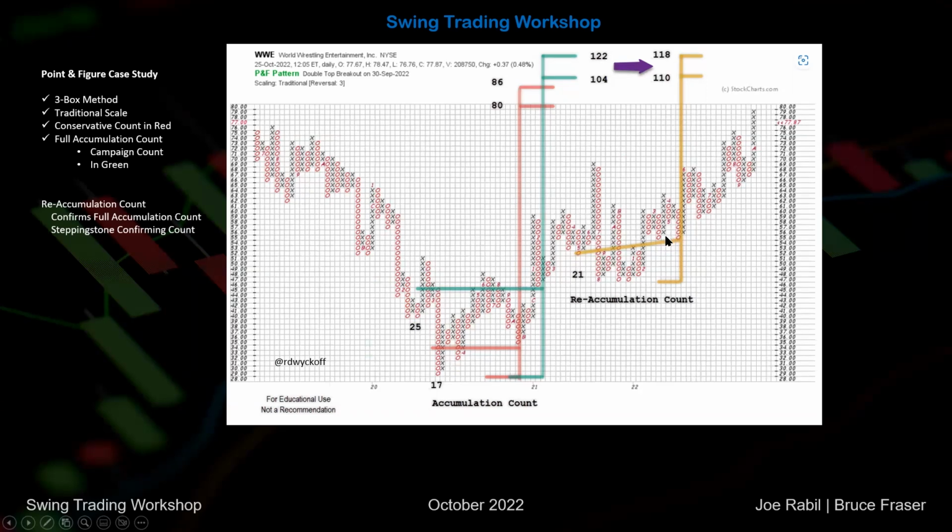Again, same idea, 21 columns times 3 times scale of 1 and add it to the low and to the count line. And note that these two counts confirm each other. That's added confirmation that this is a really good potential upside count that we have in store for us.